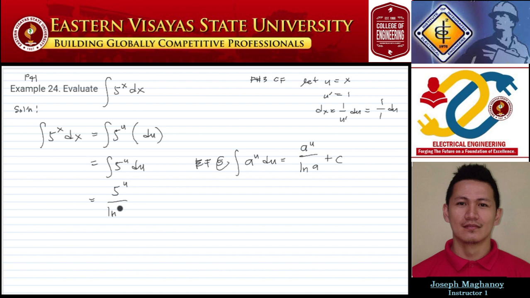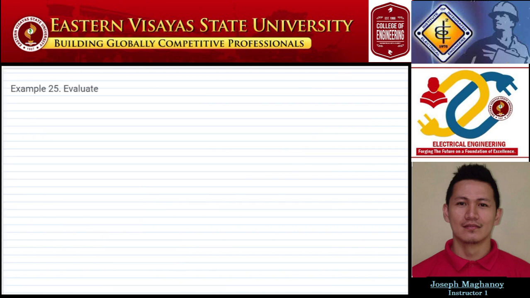So we recall our u is equal to x. Finally, your final answer is 5 raised to x over ln 5 plus c. So that is your final answer for the problem integral of 5 raised to x dx. Okay, let's move to another example. This is your last example.